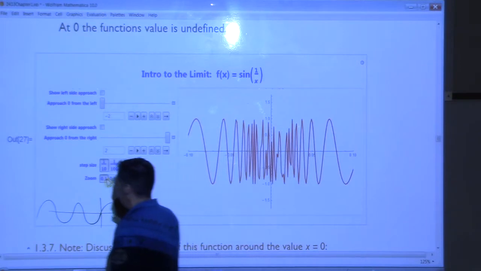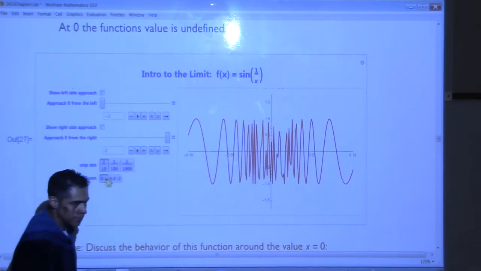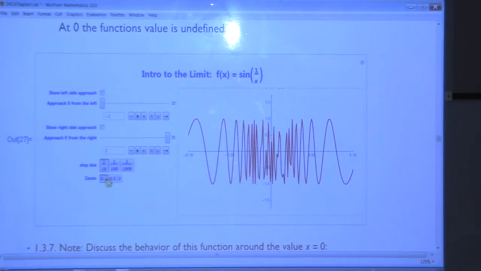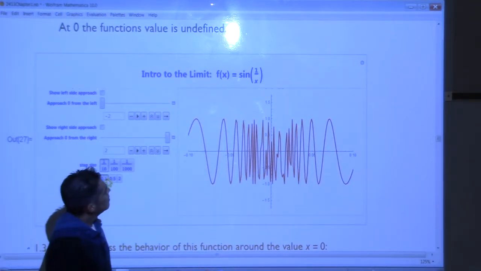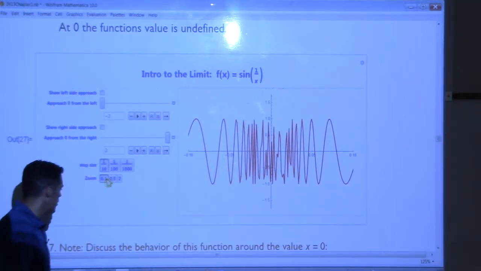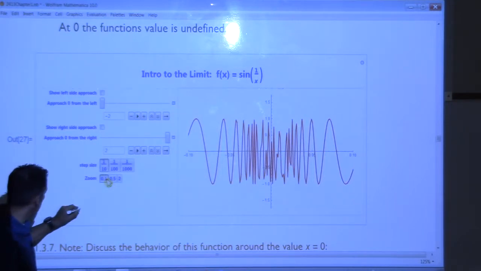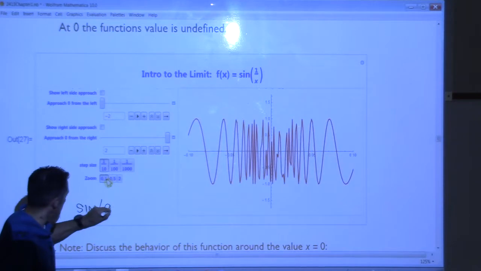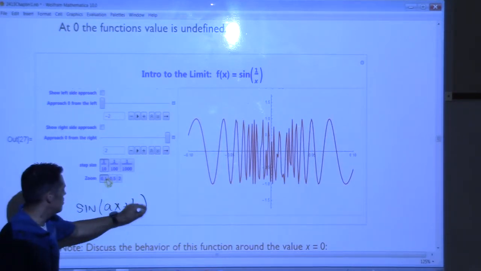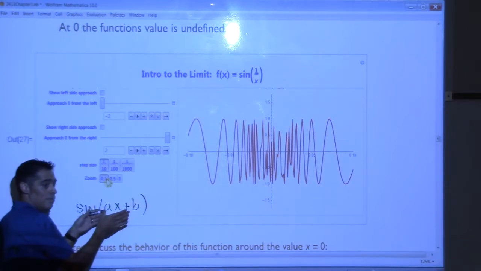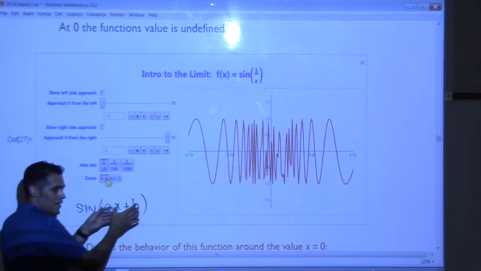Since it's a sine function, shouldn't it be approaching 0 theoretically? Don't all sine functions have to pass through 0? Well, let's say I gave you this sine function right there. Then I could move it left or right.